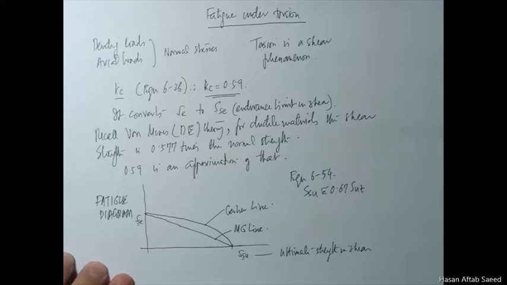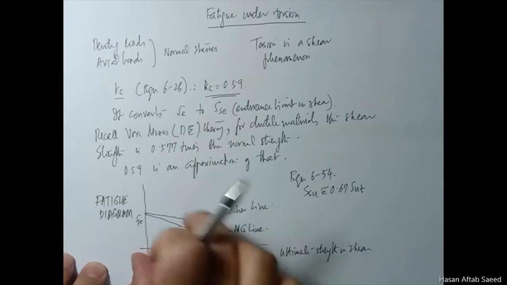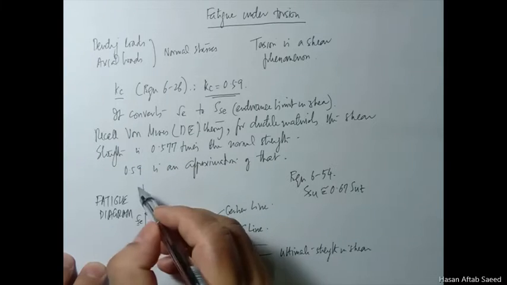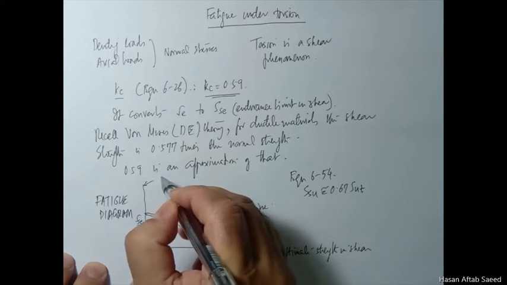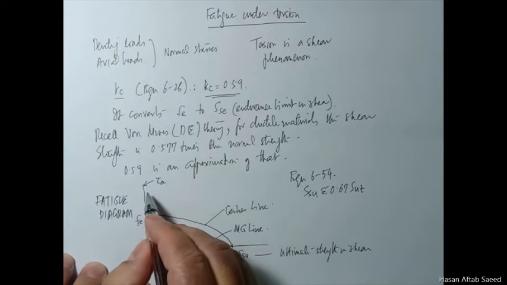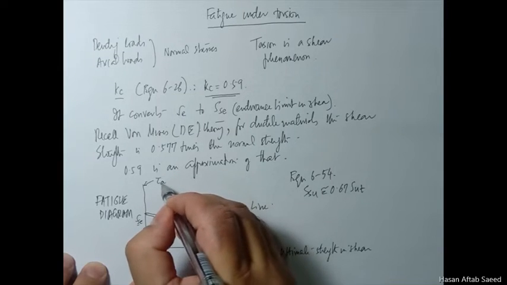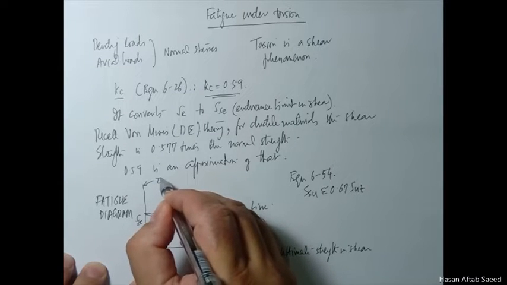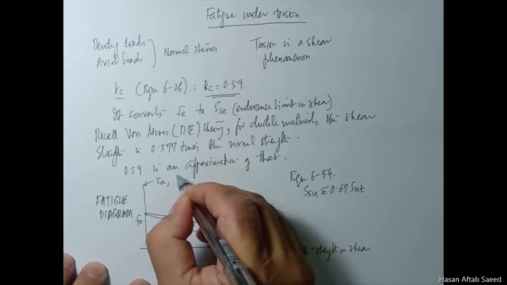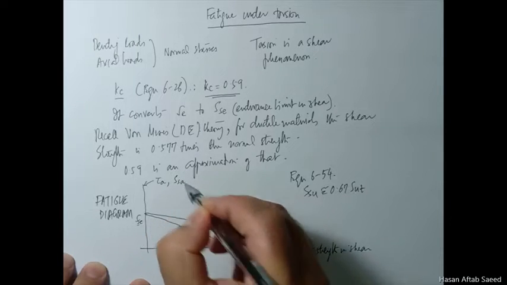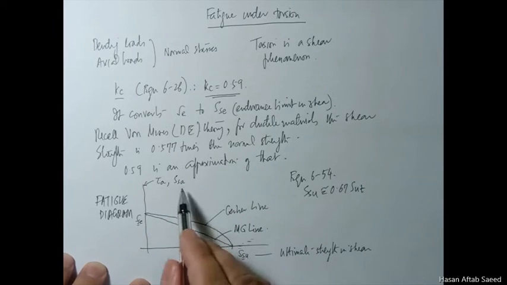And talking about the Langer line in the diagrams that you are familiar with to date, it joined the SY on this axis to SY on this axis. And we have to now recall that this is now not a normal stress axis of amplitude component, but amplitude component of shear stress, and the shear strength.